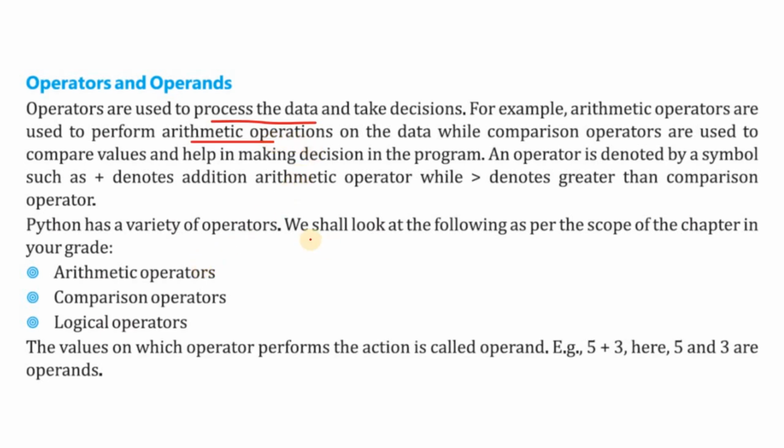And as you can see, there are mainly three types of operators: arithmetic, then comparative operators, and also logical operators. And the values on which operator performs the action is basically called the operand. Say for example, here in 5 plus 3, 5 and 3 are operands, okay? And this addition is the arithmetic operator.